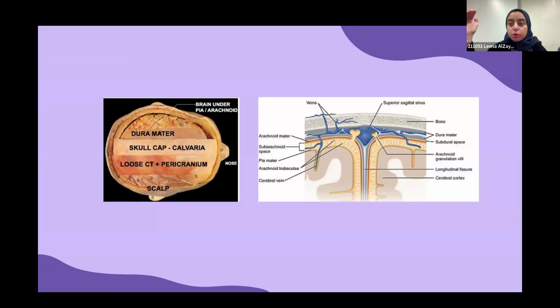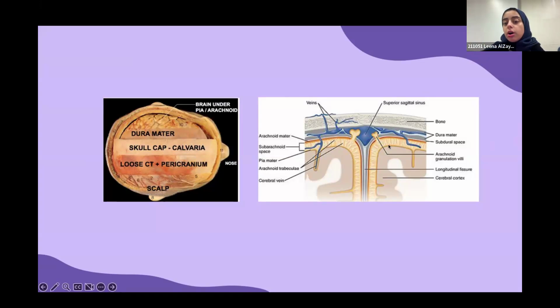Then we have the arachnoid mater, subarachnoid, and then pia mater. The CSF is located between the arachnoid mater and the pia mater, which is called the subarachnoid space, or under the arachnoid. So sub meaning under the arachnoid space.